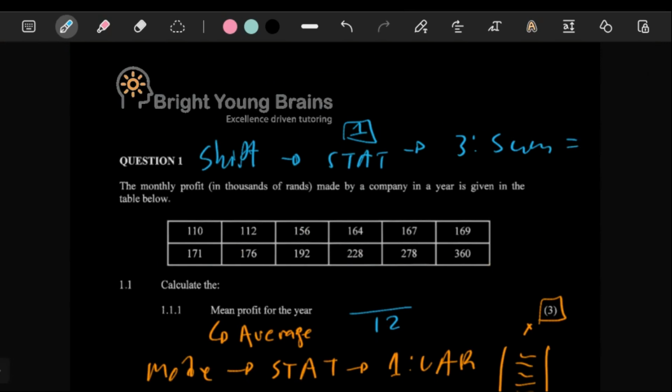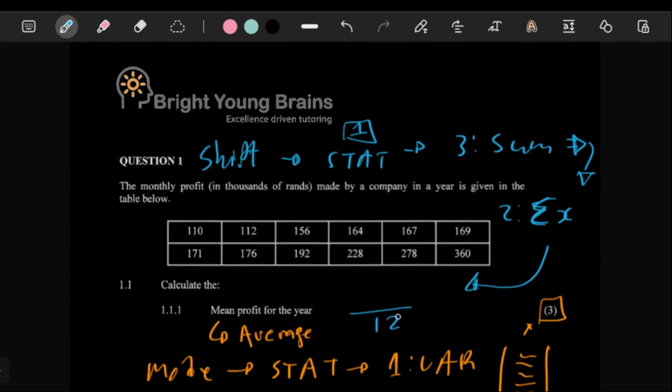Once you click on sum, you're going to click on option 2, which looks like it has a sigma, the sum of x. This sigma symbol means sum. So this is just going to give you the sum of all the values added together, which is the number we're going to put over the 12.